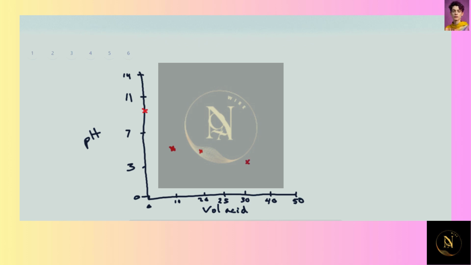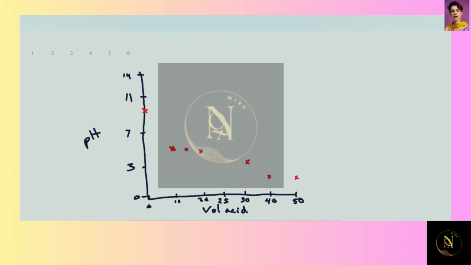Then we can put in our half equivalence, where we have a pH of 5.23 at 15.63 milliliters, so roughly here. Then at 40 milliliters, it drops to 1.87, so about here. And 1.6 is about here at 50 milliliters.